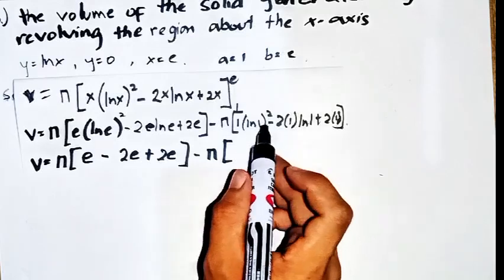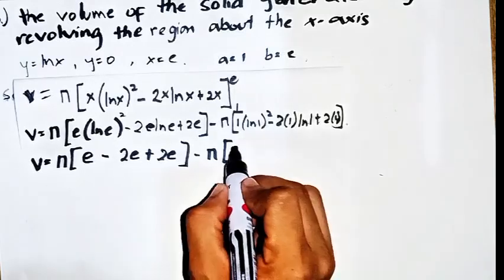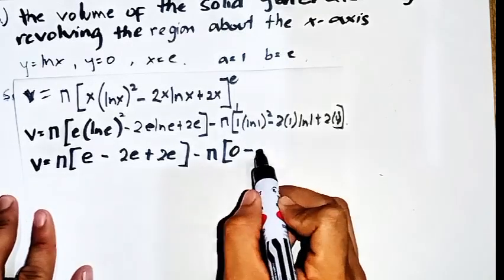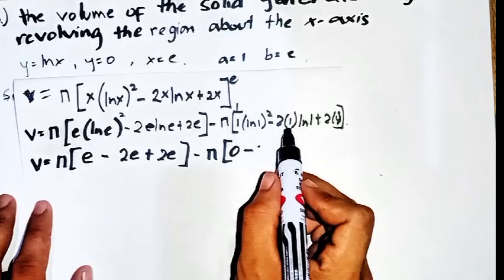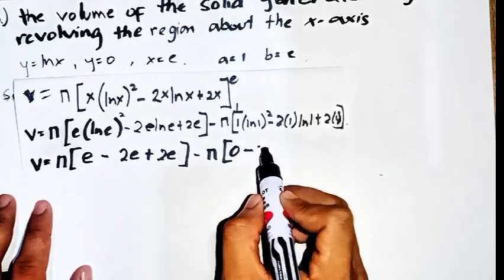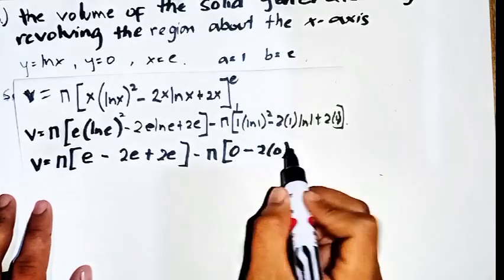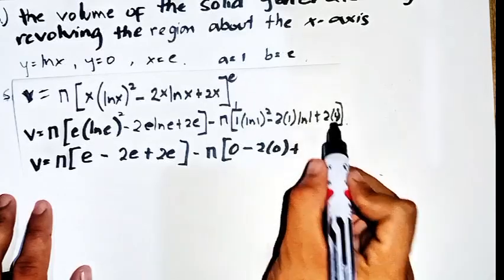And 0 squared is 0, 0 times 1 is 0, minus 2 times 1 times ln 1, which is 0, plus 2 times 1, which is 2.